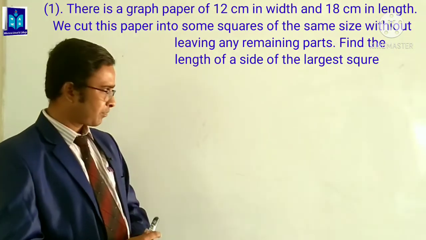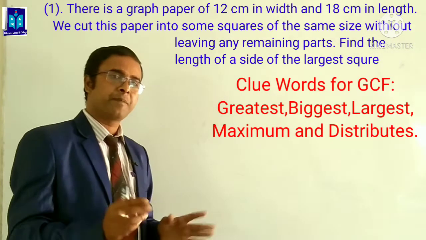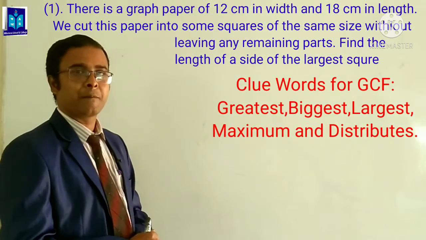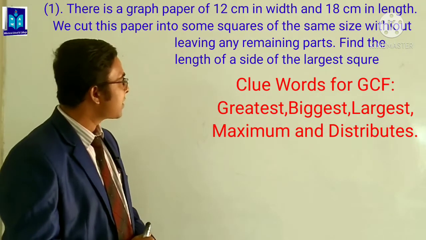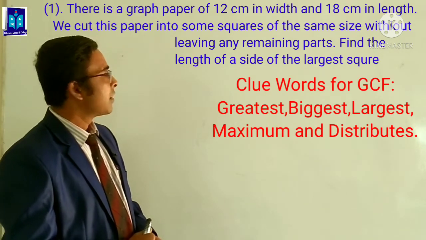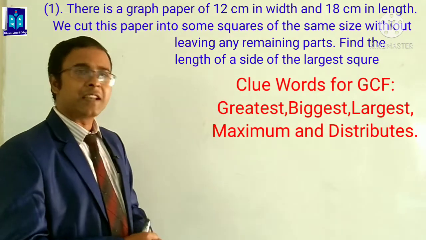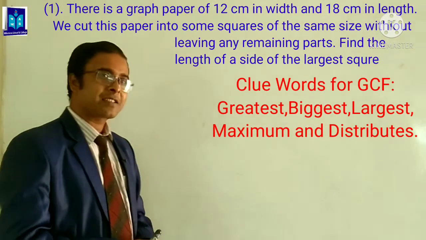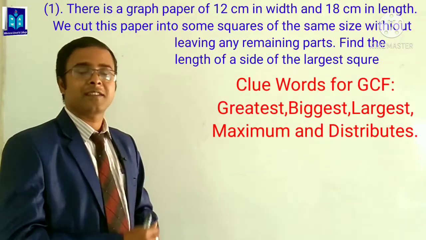Dear students, there are some clue words for GCF. Please follow this properly: greatest, biggest, largest, maximum, and distributes. If any of these words is written in any word problem, then you can tell that yes, we have to find the GCF.